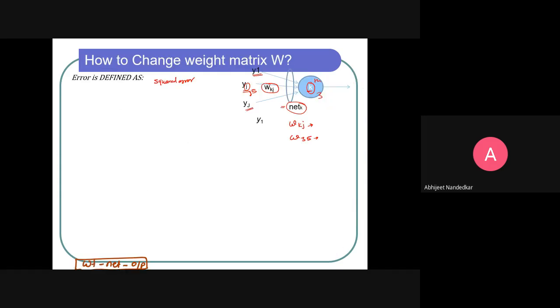You could drop even the half, but it is kept intentionally, and you will come to know why when I do this derivation. For the time being, forget about the half. You take the difference squared and call that the error signal. Assume that all the neurons are producing the correct answer, then dk minus ok for all the neurons will be 0, so the error signal is 0. Whenever dk is not equal to ok, there will be an error signal.